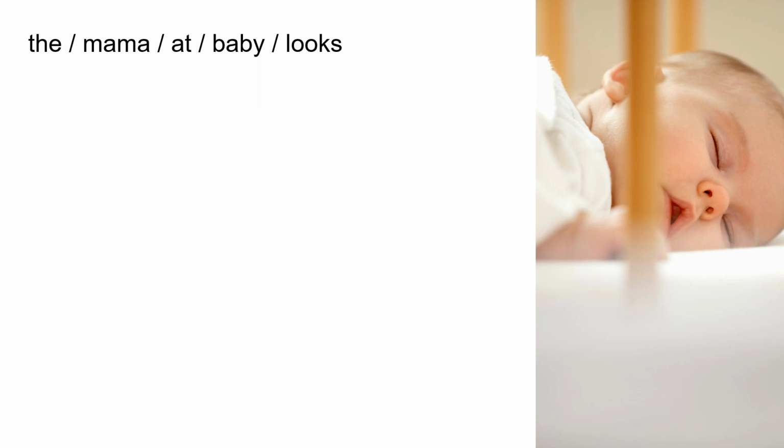The next one, we have mama and baby. So which one? The verb is looks, L-O-O-K-S. And when we use look, we need to use at. So which one? Looks at the baby, at the mom.